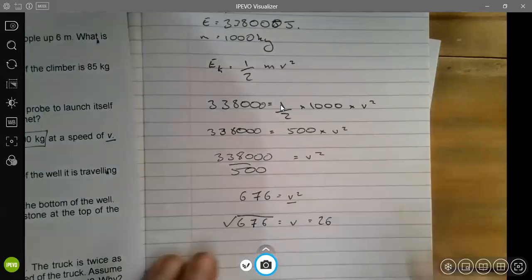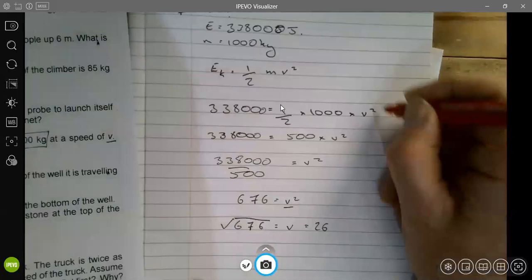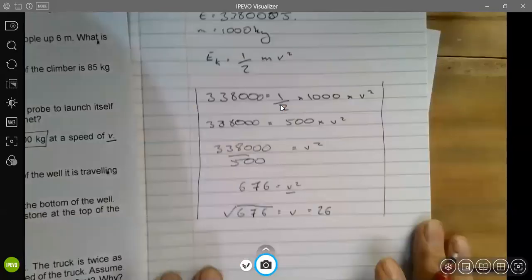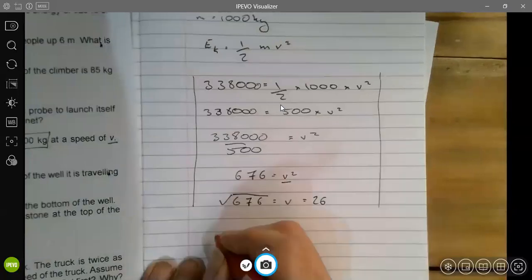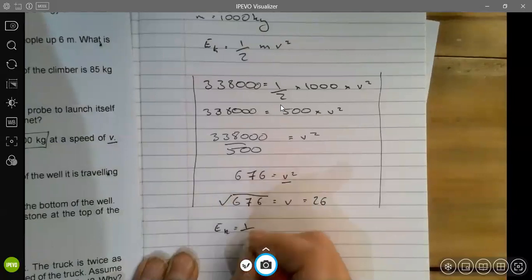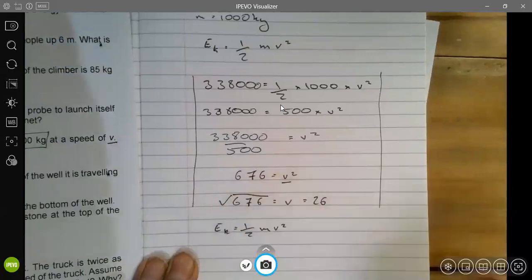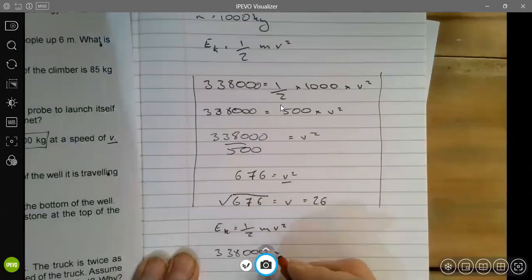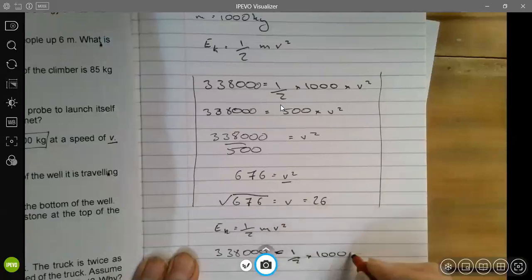Now, I did say I would do it slightly differently. If we go right back to the top, we have EK is equal to half mass times velocity squared. If we insert our numbers, 33800 is equal to a half times 1000 times v squared.